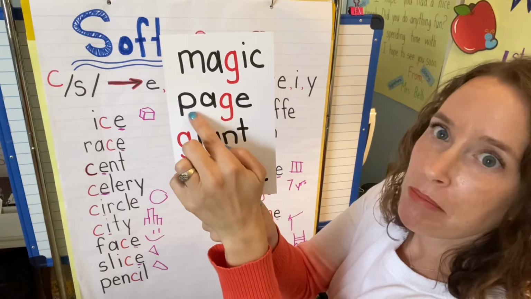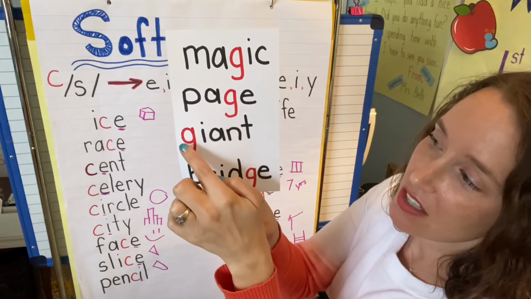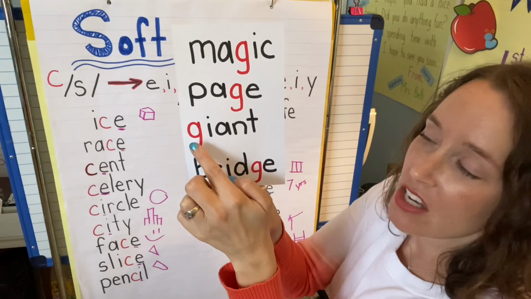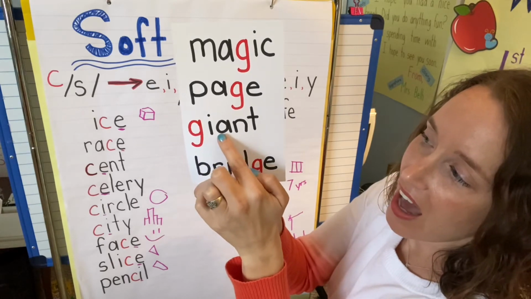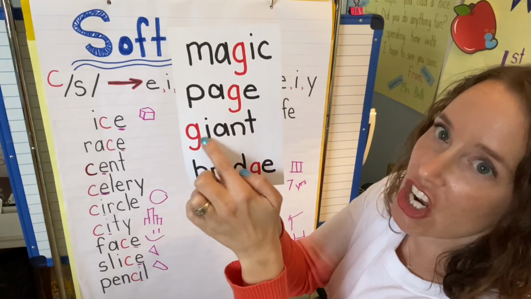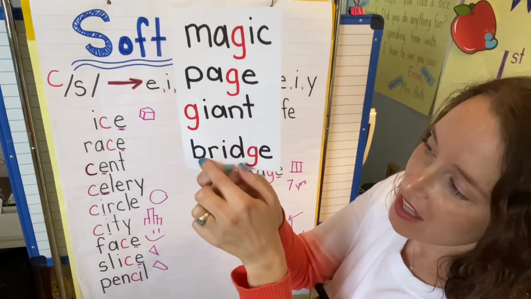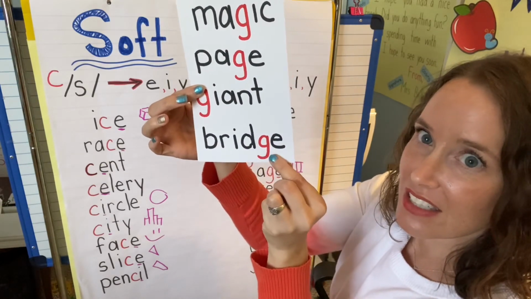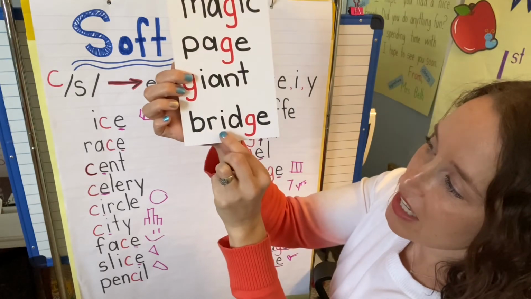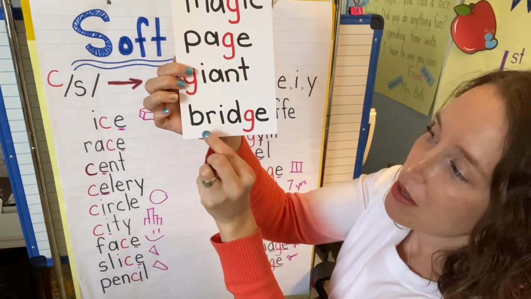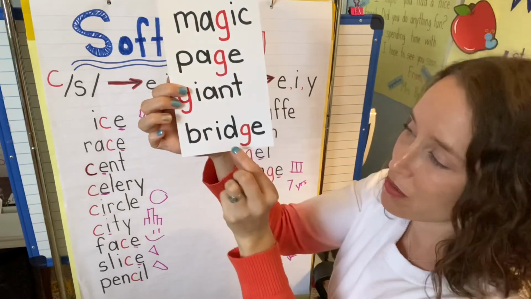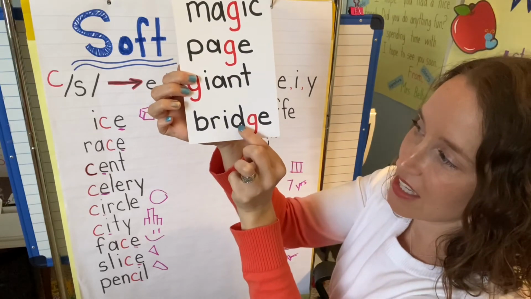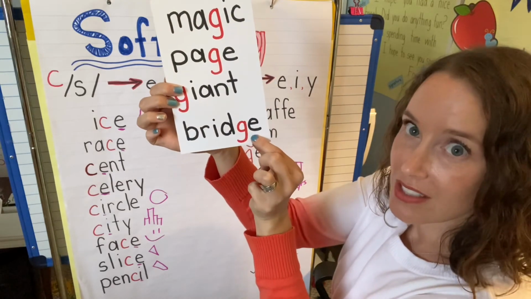Page. Oh, there it is at the beginning. Giant, giant. And then last one, oh, look, do you see the DGE? Bridge, bridge. Okay, so remember that DGE, when you see it, just makes the J sound.